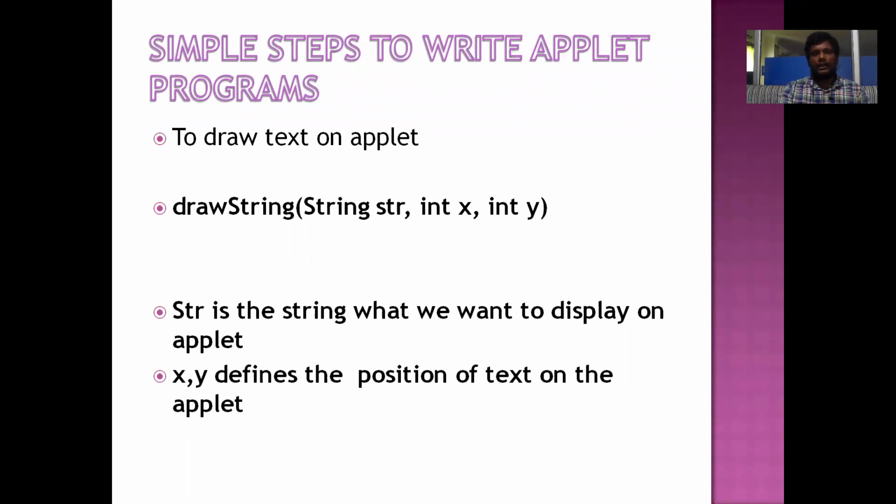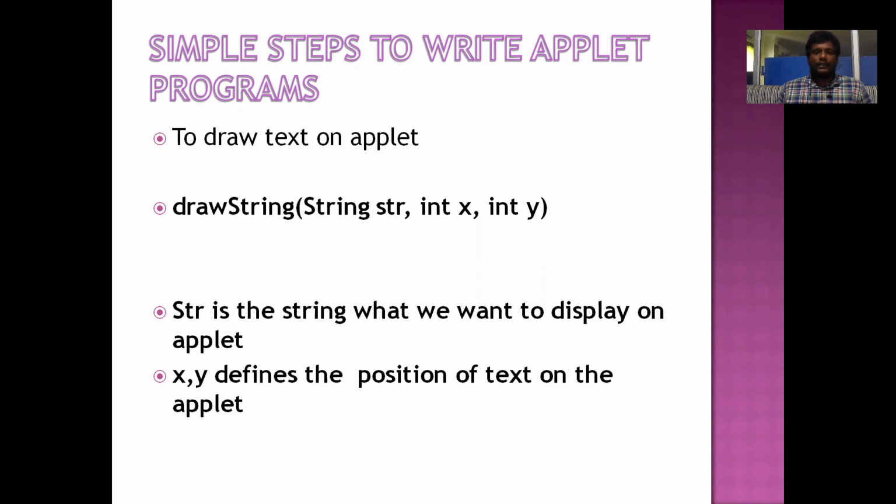First one, if we want to draw some text on the applet, we all know that in standalone applications, if we want to write something on the output screen, we simply use System.out.println.